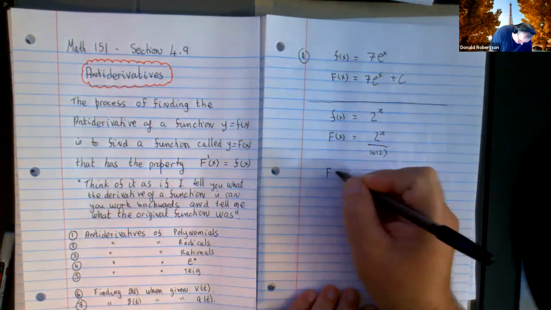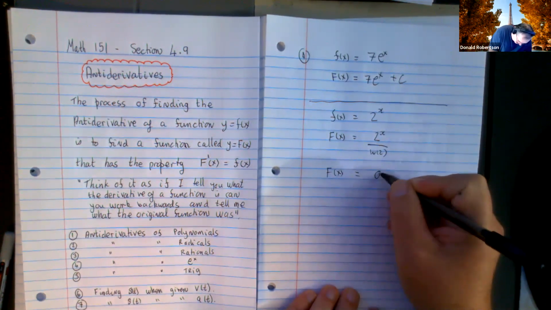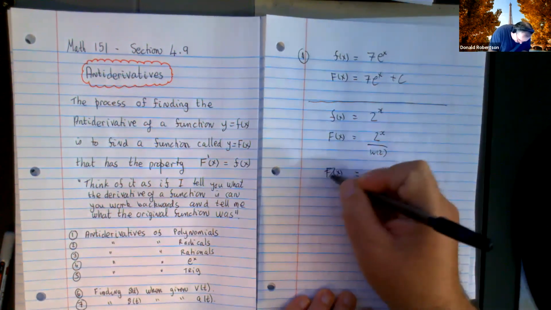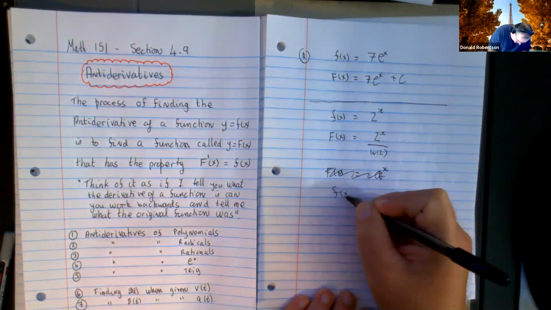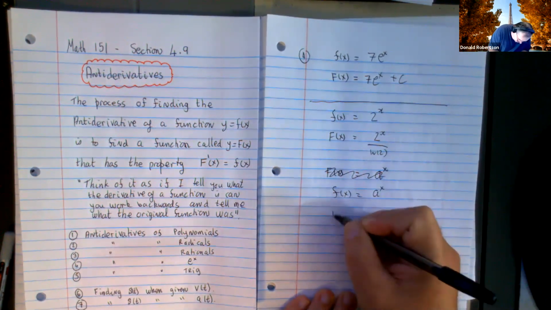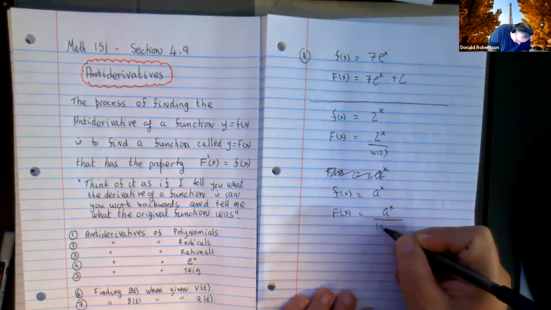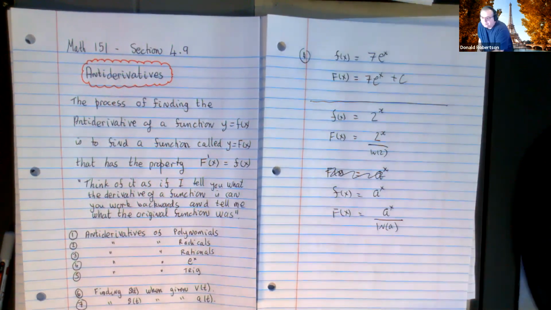So in general, if you want to find the antiderivative of a to the power of x, the answer will be a to the power of x, not multiplied by the natural log of a, but divided by the natural log of a. Does that seem reasonable, thinking of antiderivative as the opposite or undo process of differentiation?